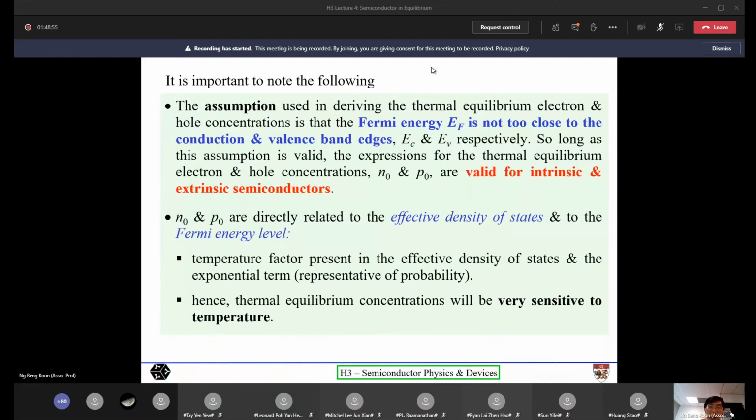The other key point is that these two expressions have temperature terms in the exponential function, which means they will be sensitive to temperature. A small change in temperature gets amplified by the exponential function, and you get a relatively larger change in N0 and P0.